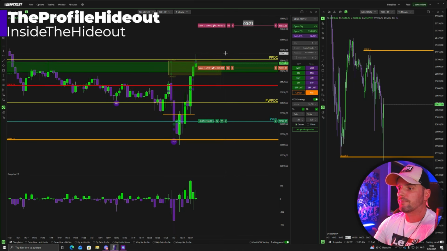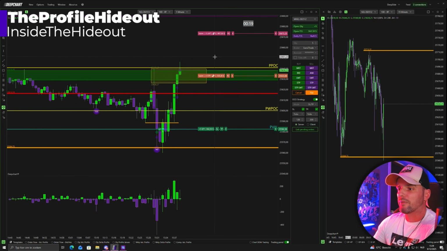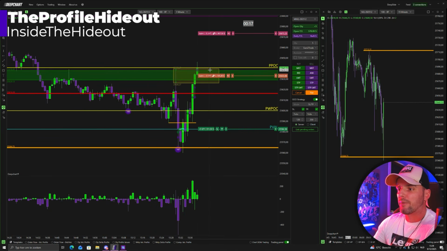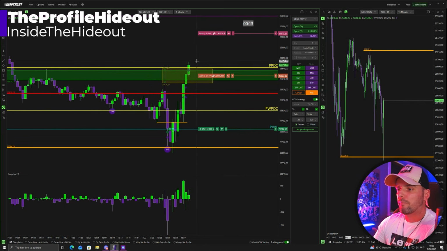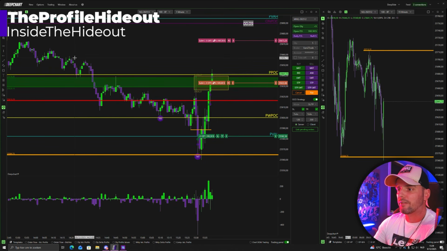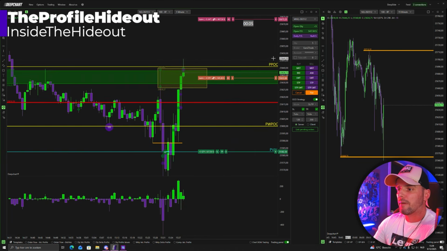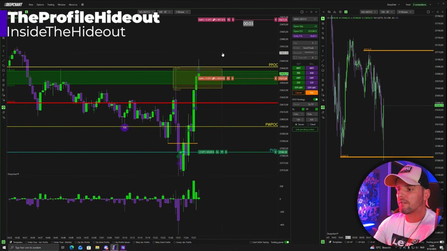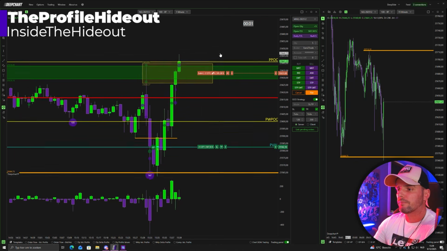Yeah, we'll do so. This is that prior POC. This is an area where price might start chopping around if we're not immediately blasting through it. We do got some highs here which are very likely to be taken out, but I probably want to take some profits from this move now.